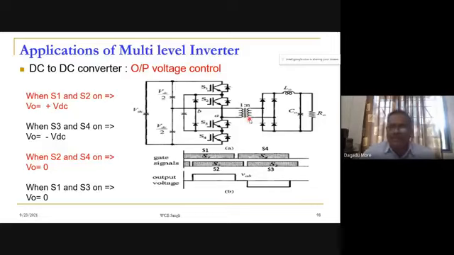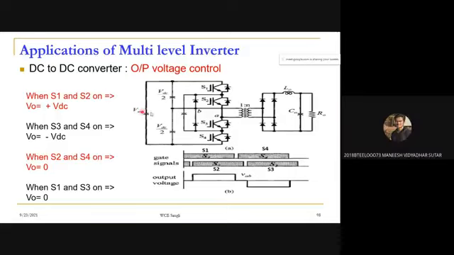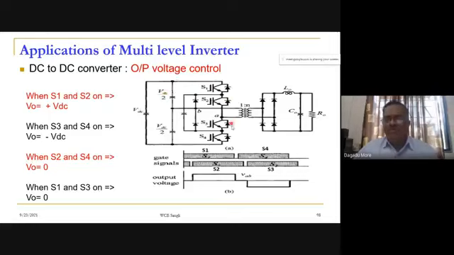Okay, so one of the applications of a multi-level inverter we are having. Now if you see it here, our input is DC. Is it visible? Yes, sir. And this particular bridge before the transformer, you can call it a multi-level inverter. The configuration will be a single phase multi-level inverter.